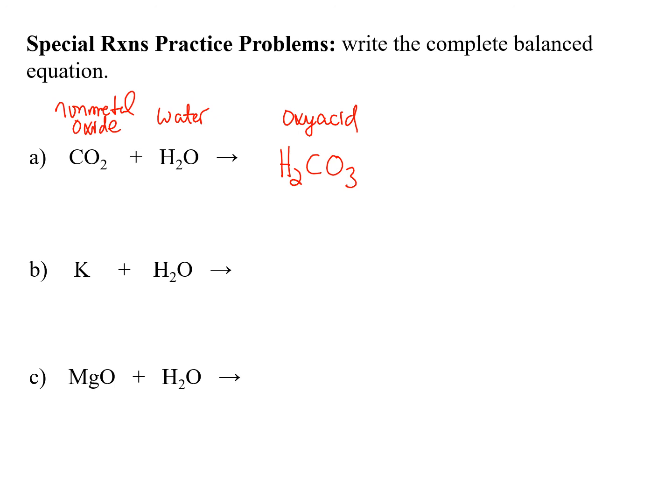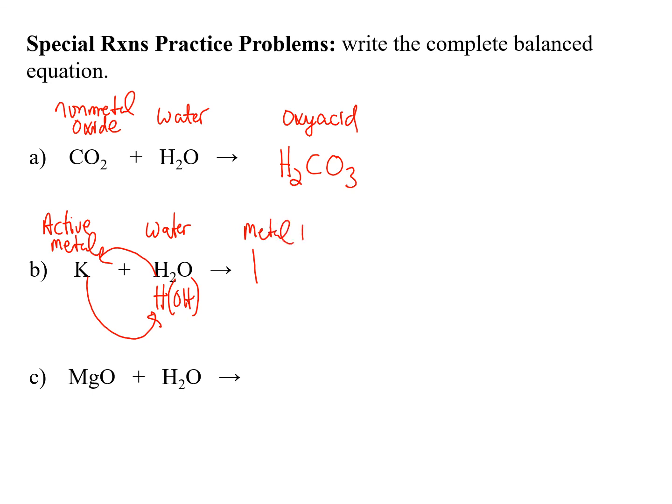For the next one, I've got an active metal. That's potassium, it's group 1. That's an active metal, plus water. This is a special single replacement. So we can think of water as HOH in this case. Potassium is going to replace the hydrogen, and we're going to get a metal hydroxide plus hydrogen gas.